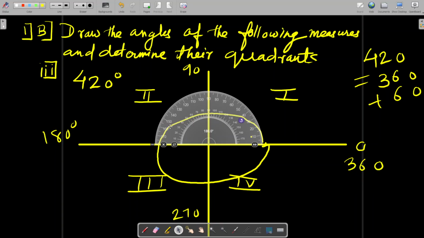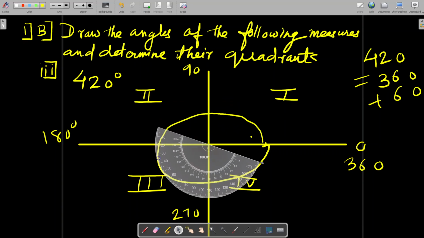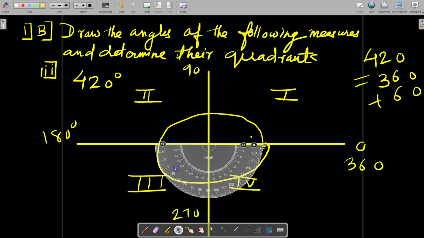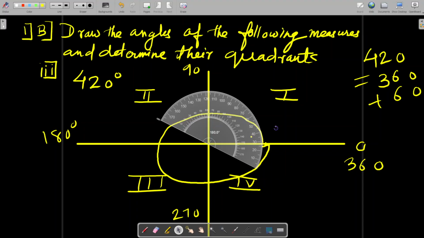If I move from here, 180 plus 90 is 270, and this will become 180 plus 180, 360. Again if I turn this, 360.